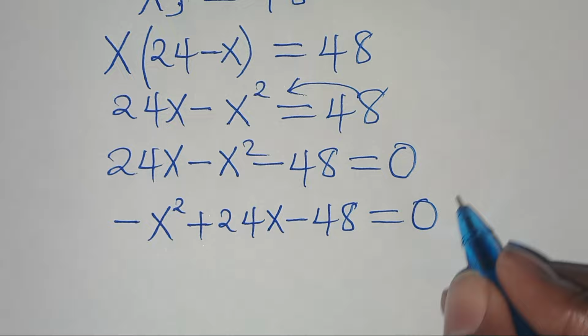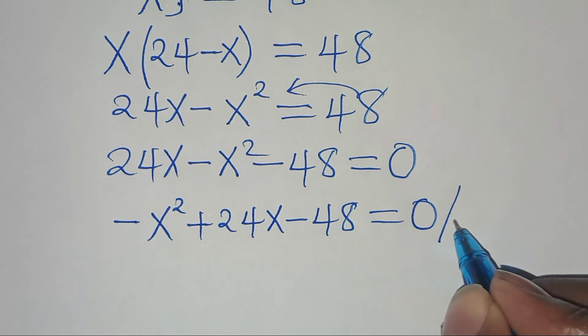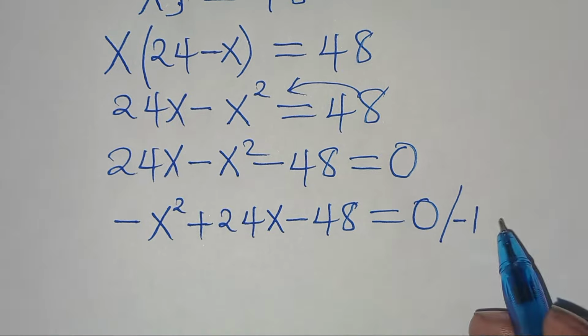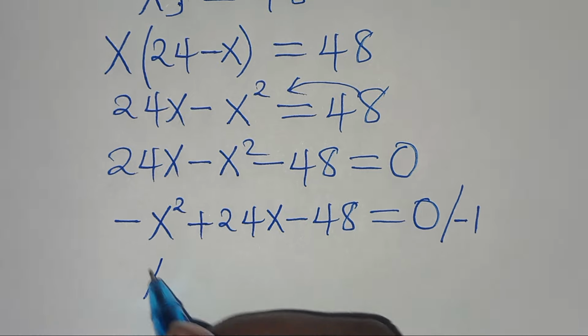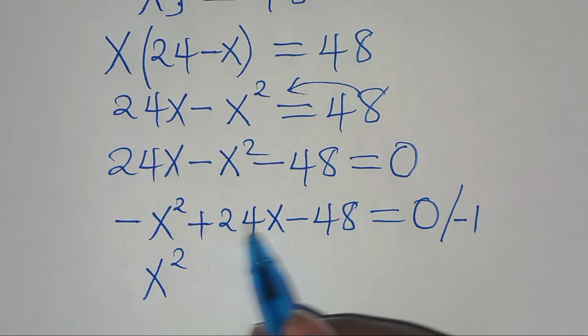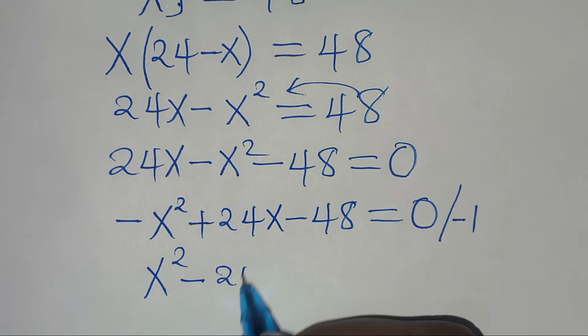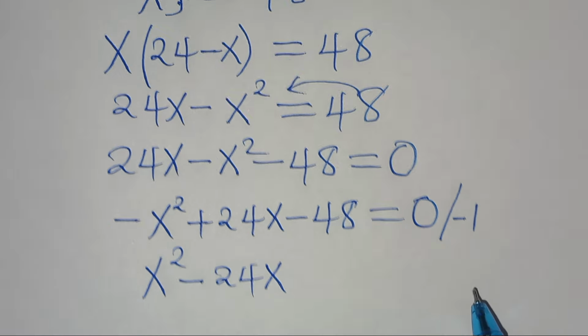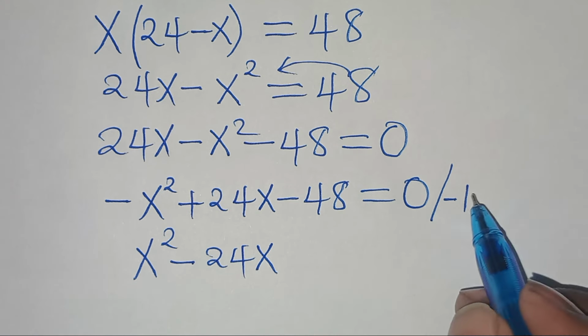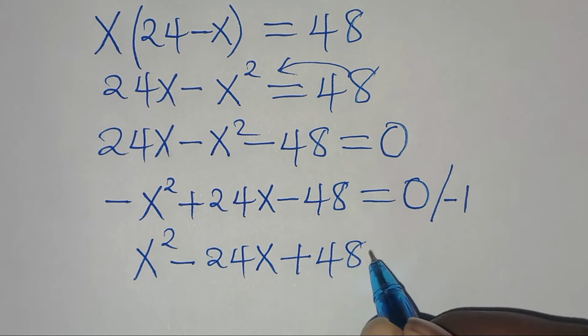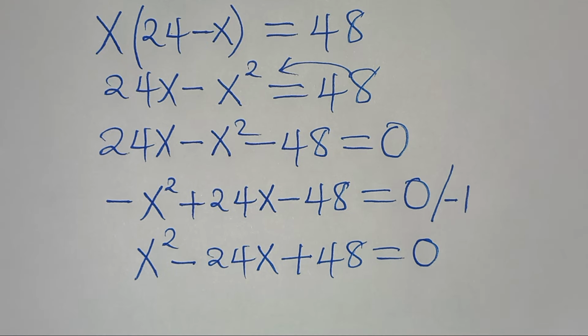The next step is to divide both sides by minus 1, so that we have minus x squared divided by minus 1, this is x squared, then plus 24x divided by minus 1, this is minus 24x, and then minus 48 divided by minus 1, this is plus 48, equal to 0.